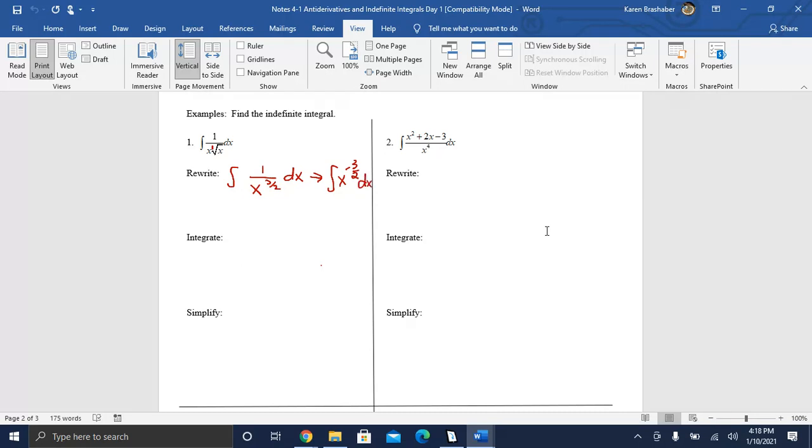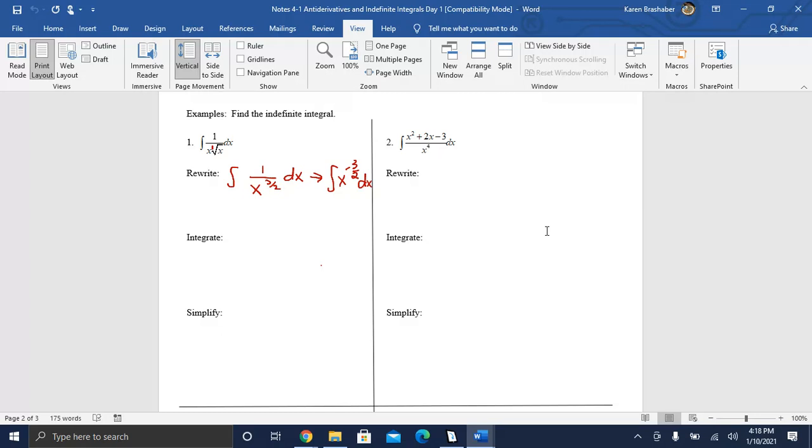I am very picky about you writing the dx. It tells you what variable you are integrating with respect to. So even though you may see it as inconsequential, later on, it's going to have a purpose. So get in the habit of writing that dx at the end of your integration sign.